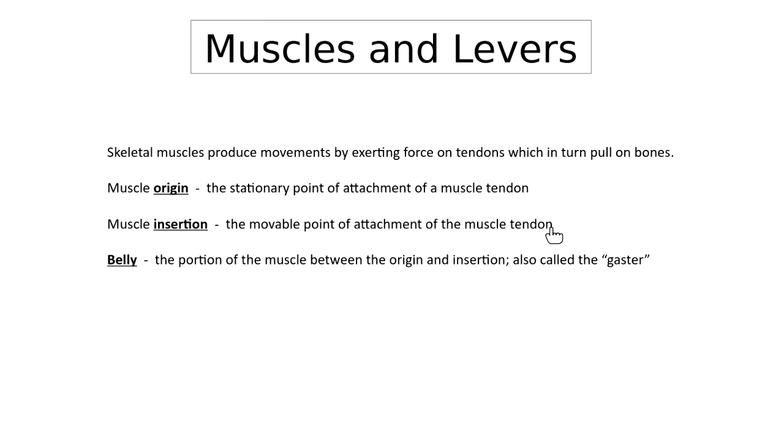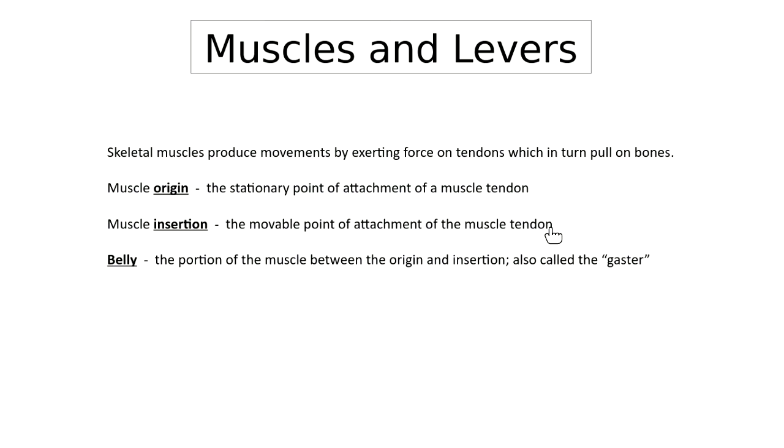So look at your arm, bend your arm, feel right where your elbow bends, and you'll feel a tendon there. That tendon is going to your radial tuberosity on the radius in your forearm. So when that biceps muscle contracts, your origin stays put. But the insertion, which is on your radius there, the radial tuberosity, that does move. It pulls your forearm up to flex your forearm.